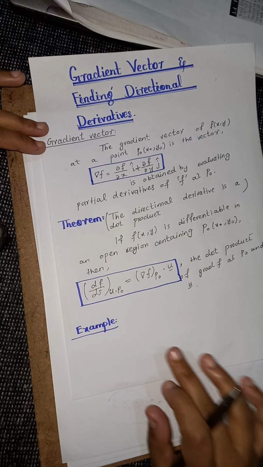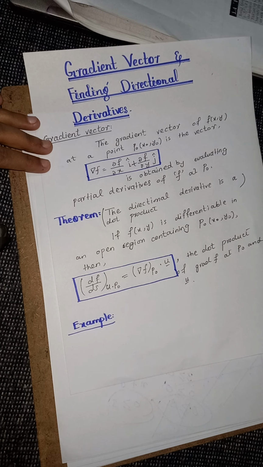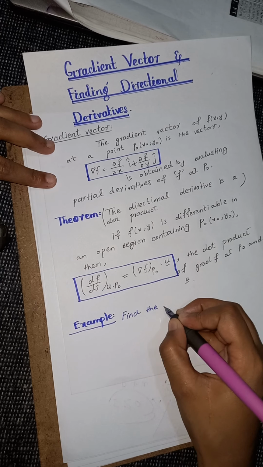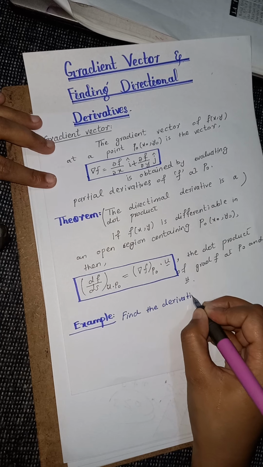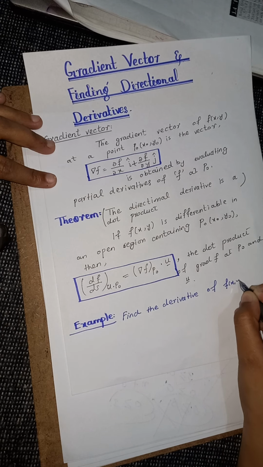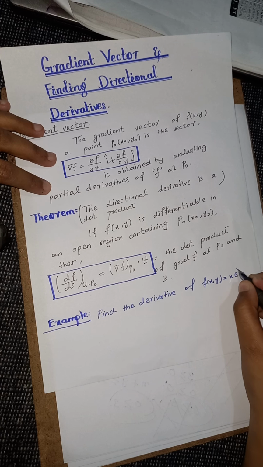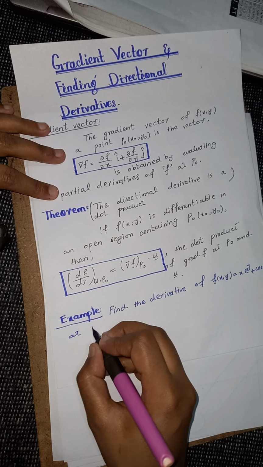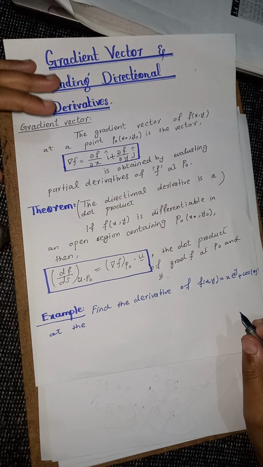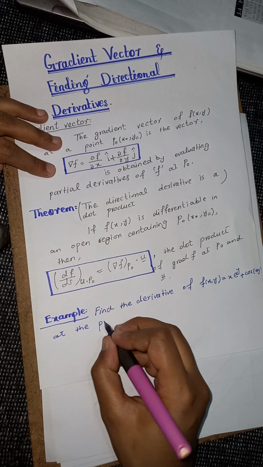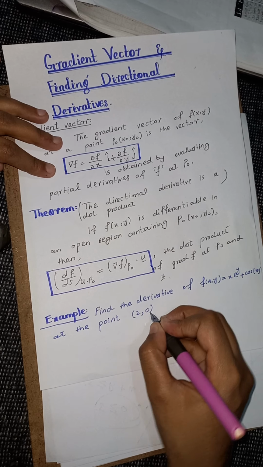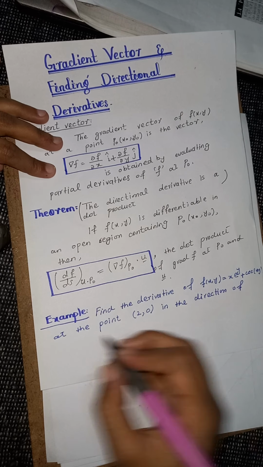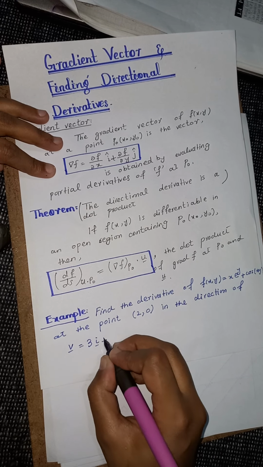Now students, the example says: find the derivative of f of x y equals x e raised to power y plus cos of x y at the point 2 comma 0 in the direction of the vector v equals 3i plus 4j.